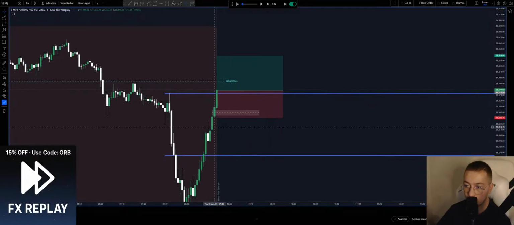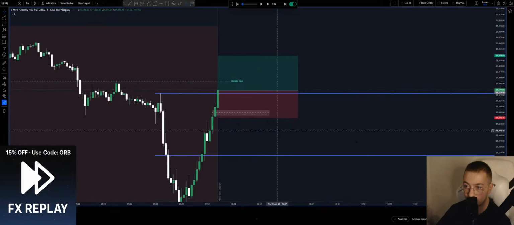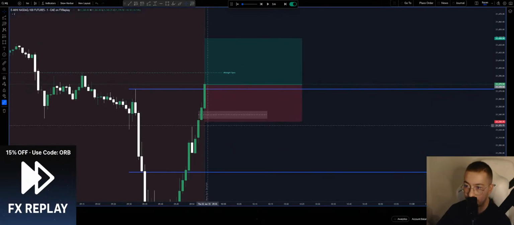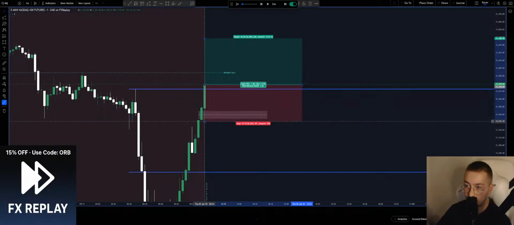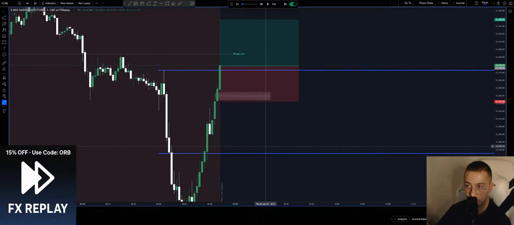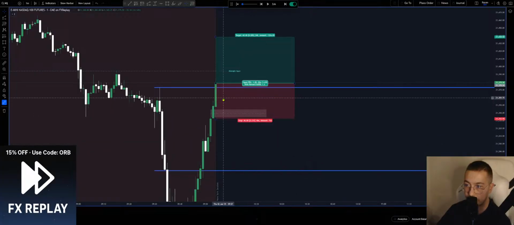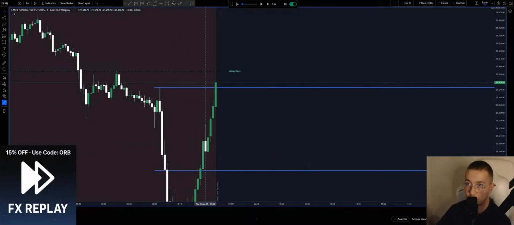So the candle that breaks above the range leaves behind a fair value gap, which is this one. Your stop is gonna be at the last low that the fair value gap created, which is this one here. Vice versa, if you are below. Okay, I'm gonna explain it again. So I'm gonna go back.